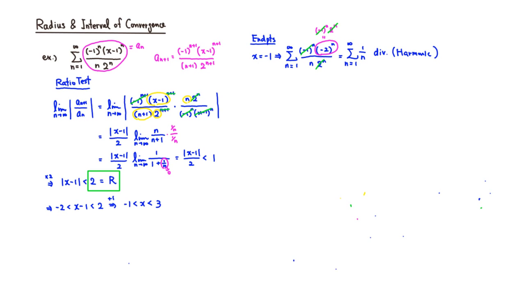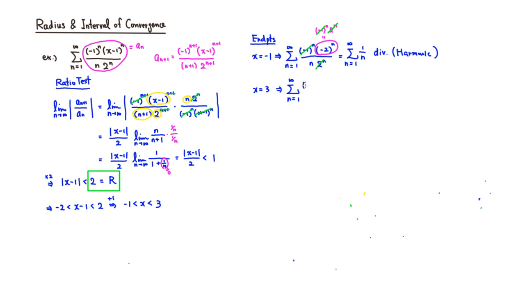All right, so how about the other point, x equals 3? So x equals 3 is the other endpoint. So let's do that. If you plug in positive 3, we're going to get the summation, n goes from 1 to infinity.